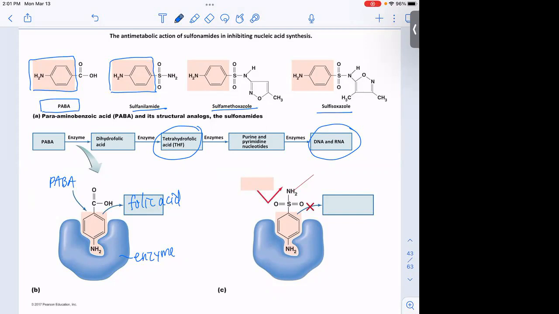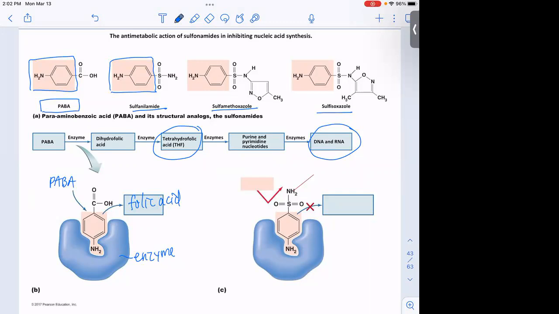If folic acid is limited, the DNA is less stable. Sometimes uracil would incorporate into DNA if there's no folic acid. Sometimes we get double-stranded breaks without folic acid. So there's a number of things that folic acid is necessary for to make DNA.